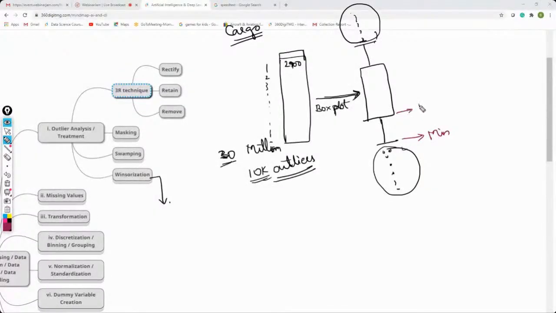This is called quartile 1. This is called quartile 3, and this is the maximum value. Q1 means the 25th percentile, Q3 means the 75th percentile, and so on.